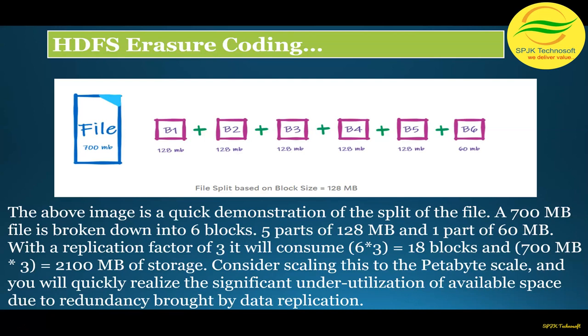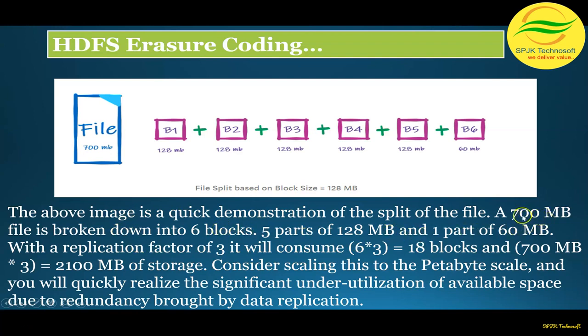Just as an example, in 2.x, if you have a file of 700 MB, we generally used to split it like this: B1, B2, B3, B4, B5, and B6. Total 700 MB, and the block size, as I mentioned, is 128 by default.